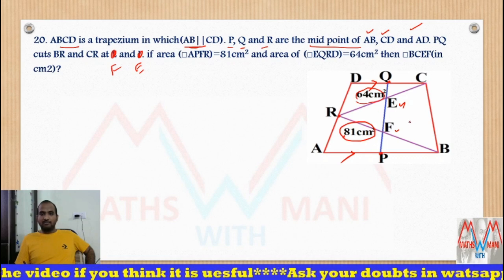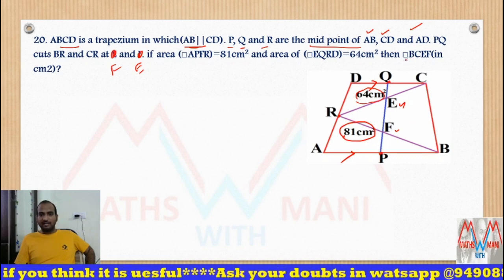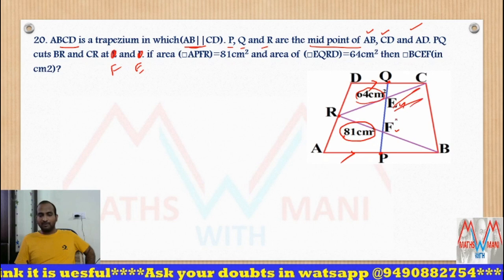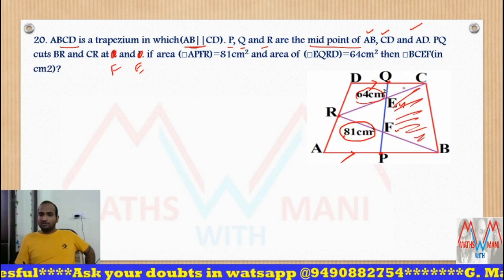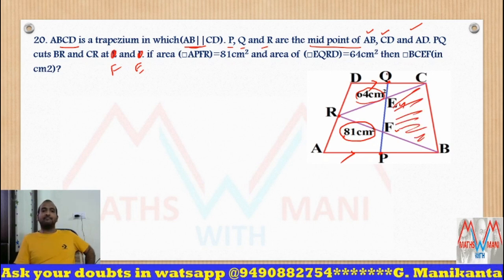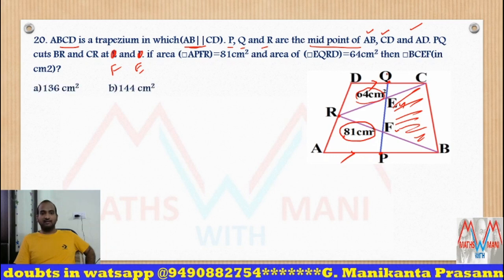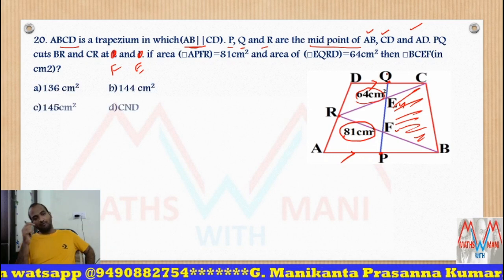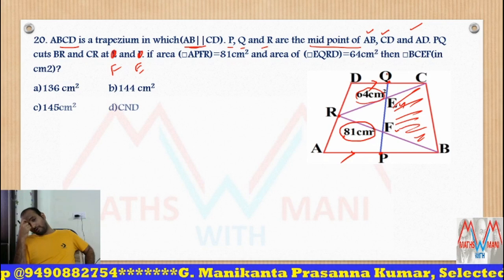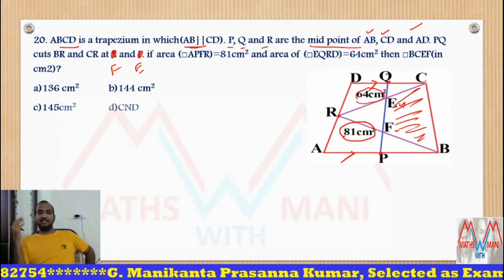Then what is the area of quadrilateral BCEF? You have to find out this area. We already discussed it in the concept itself. Here the options are 136, 144, 145 and C and D. C and D means cannot be determined.